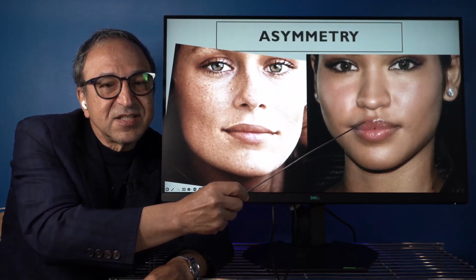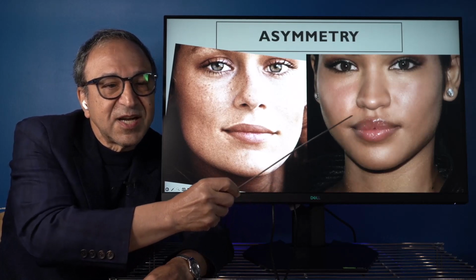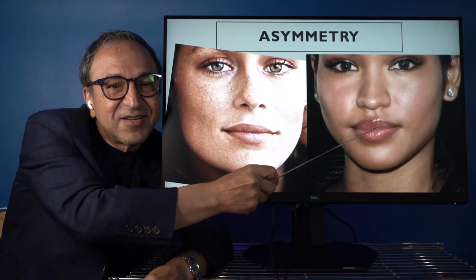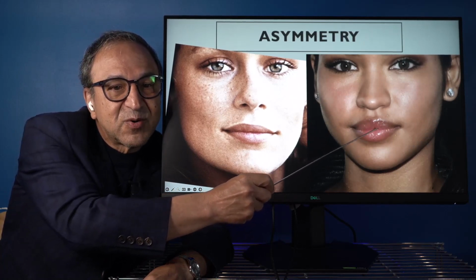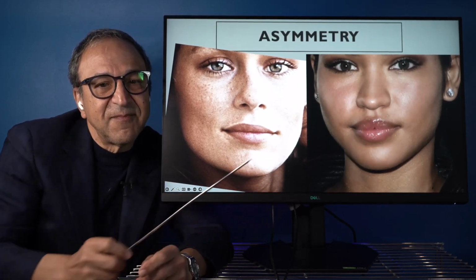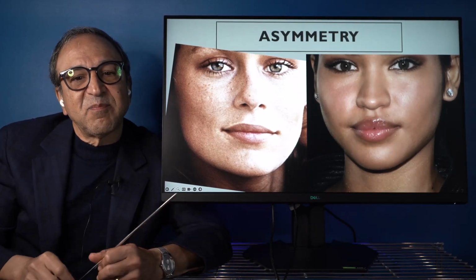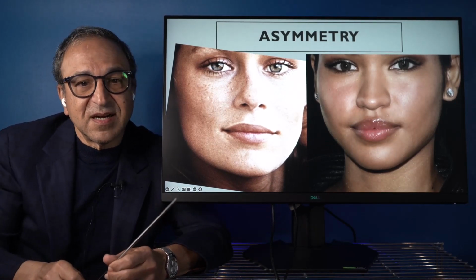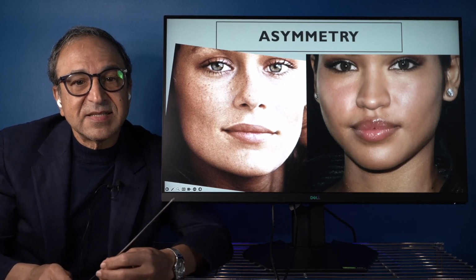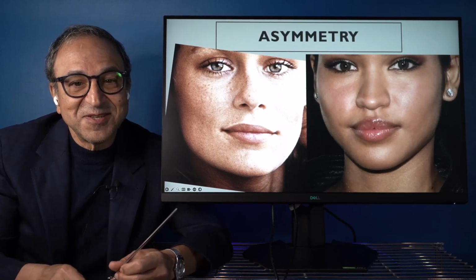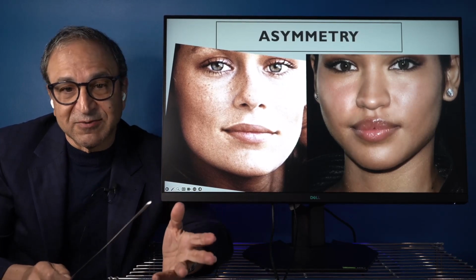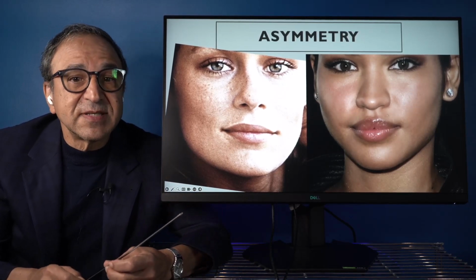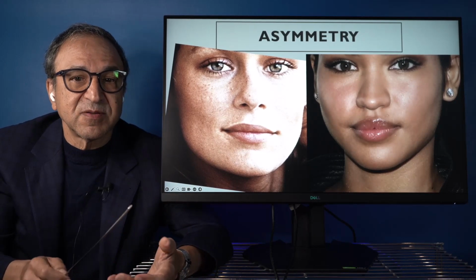And then this Cupid's bow is much higher than the other one. It just goes much higher and then more acute, whereas this one's more tapered and to the side. So both of these women are beauties, and nobody notices that they are asymmetric. Nobody looks at them and points, oh wow, you're asymmetric. On the contrary, those asymmetries are a large part of their appeal.